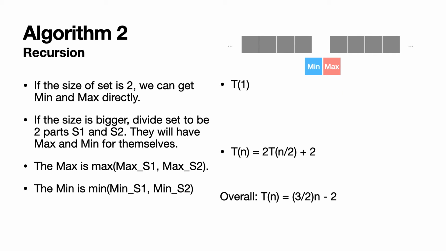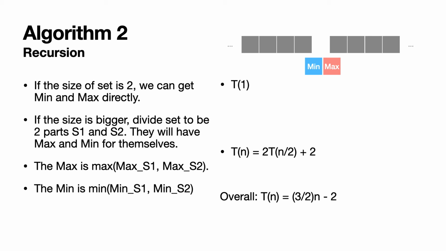The time consumed for a set of size 2 will be T(2) equals 1. We can directly get the minimum and the maximum. And for the bigger set, if the set size is n, that means we will divide it into two parts.